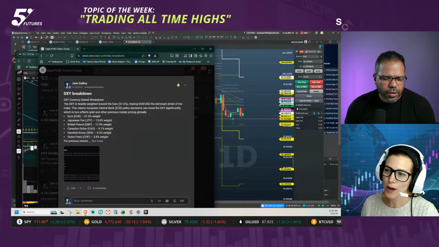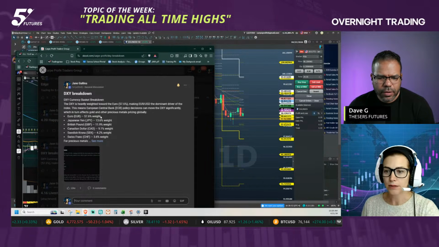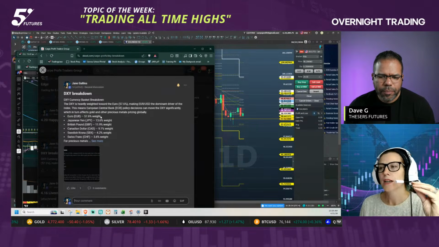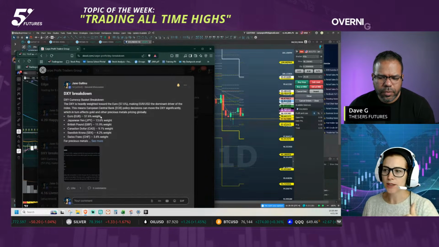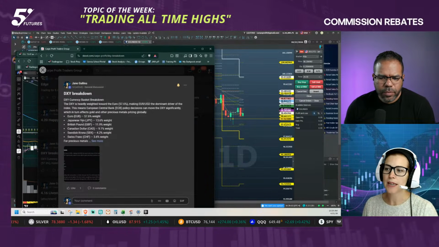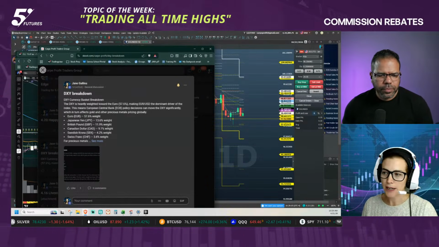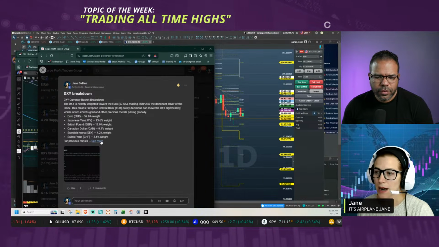So the DXY breakdown is 57. This is all against the dollar, right? The biggest currency measured against the dollar in the DXY is the euro at 57%. Then we have the yen, the pound, the Canadian dollar, the Swedish krona, and the Swiss franc.